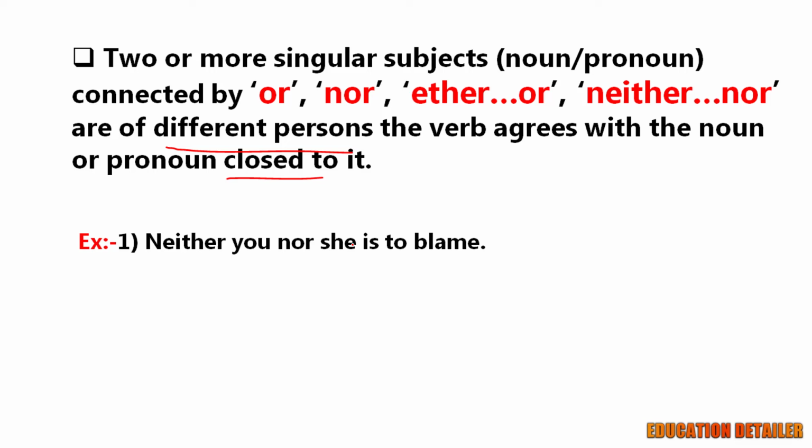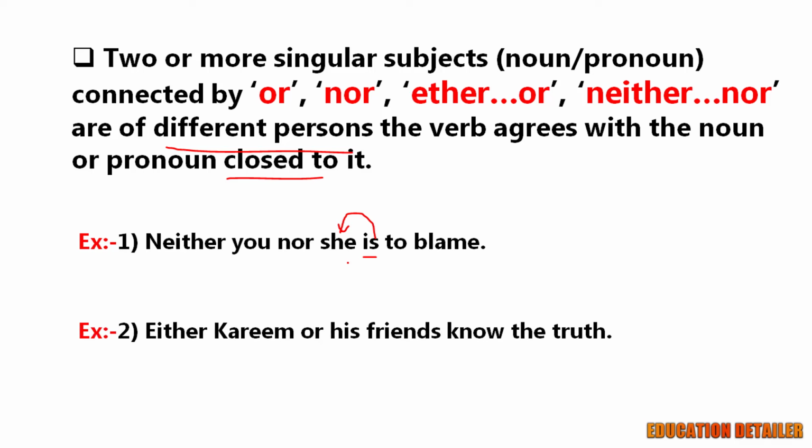Here the verb used is singular because the nearest pronoun is singular. Either Karim or his friends know the truth. Plural verb is used because the subject close to it is plural.